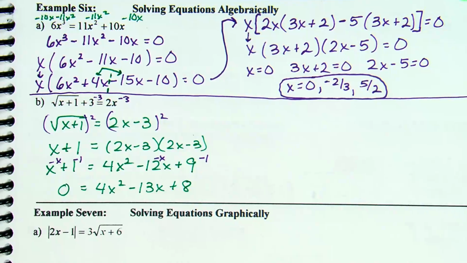And in order for it to factor, there would have to be a product of 32 and a sum of negative 13. Based on what I'm saying, you can guess that I'm going to say this does not factor. What's our backup plan when it doesn't factor? Quadratic formula, right?